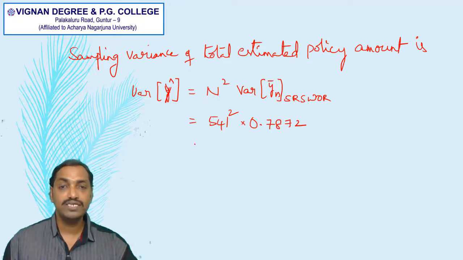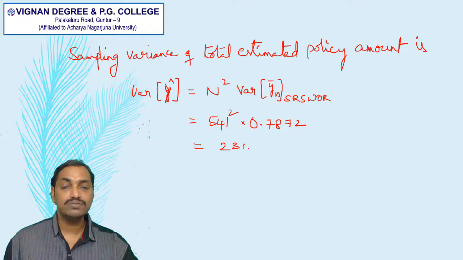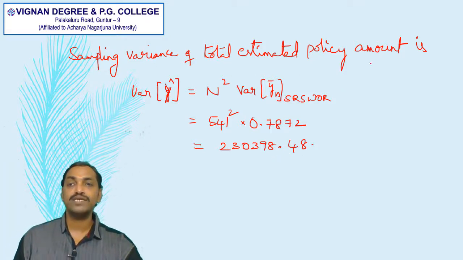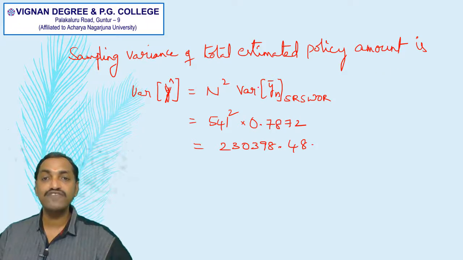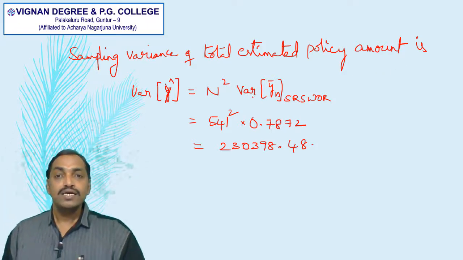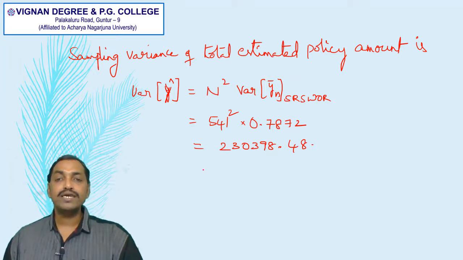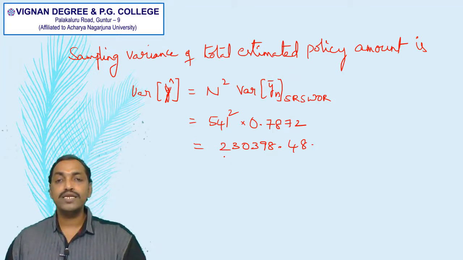On simplification we will get 230398.48. So, therefore, the sampling variance of total estimated policy amount for the sample of 50 policies under simple random sampling without replacement is approximately 2,30,398 rupees.